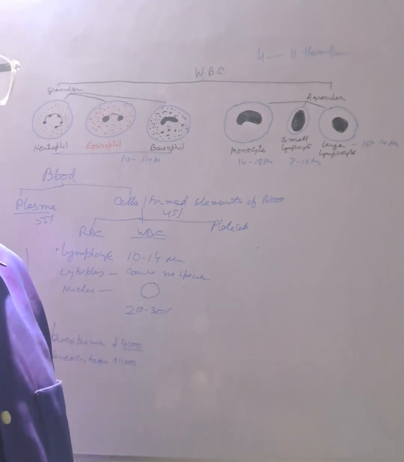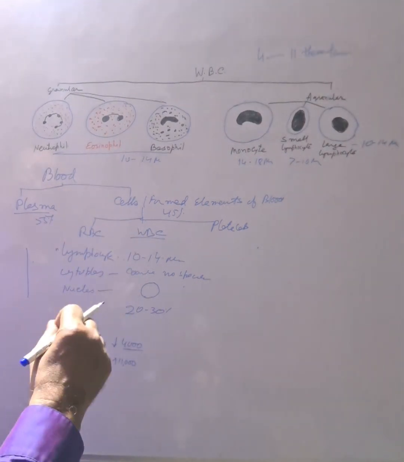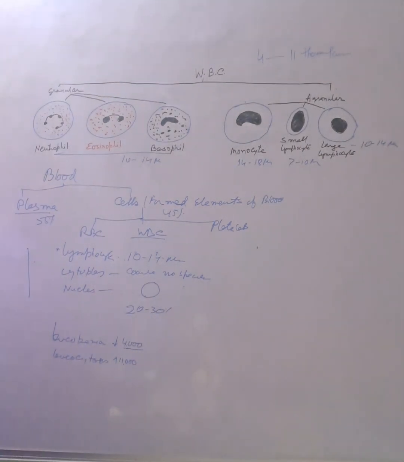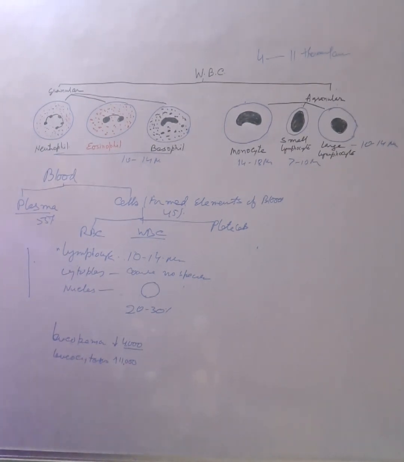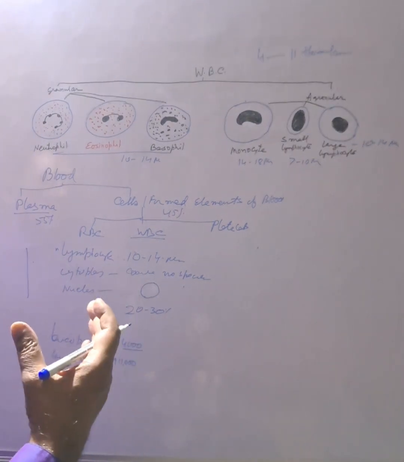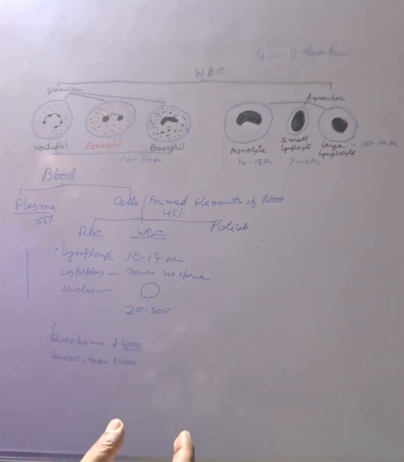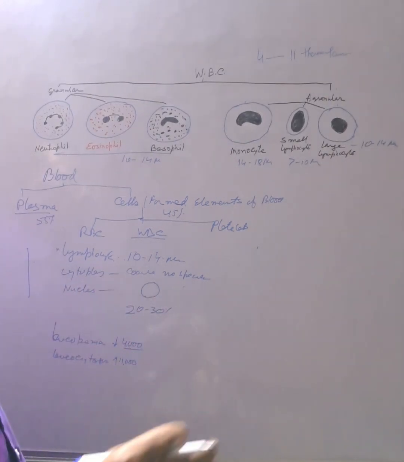So in this lecture, I have answered your questions: what is WBC, what is the normal range of WBC, what are the cells of WBC, what are their characteristics, how you will recognize the different types of WBC and their percentage.